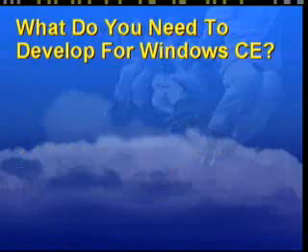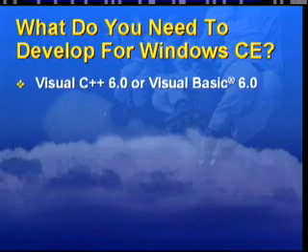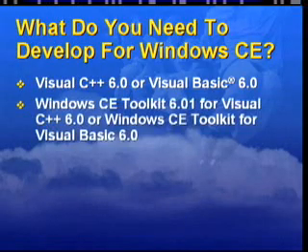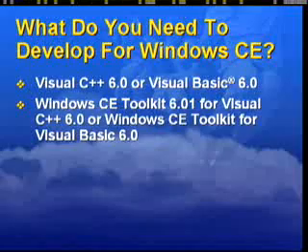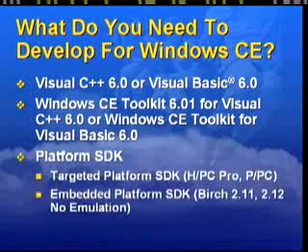What do you need to develop for Windows CE? Well, first, you need one of the desktop toolkits, either VC or VB. Then you need the appropriate Windows CE toolkit add-on, the VCCE or VBCE. Then you need the appropriate platform SDK. There are 2 types.